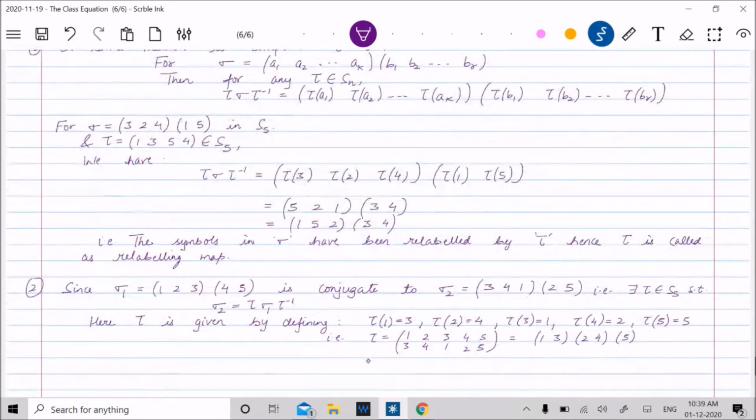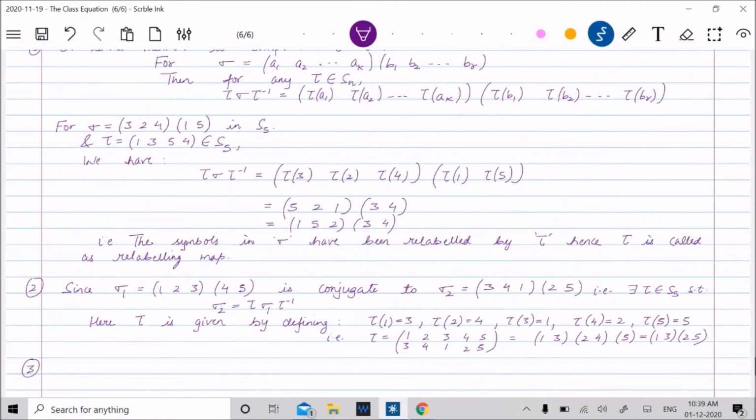And you know that whenever there's a symbol which is alone in the cycle form, then that is dropped, because this behaves as an identity permutation. You know this point, right? So this is your tau.